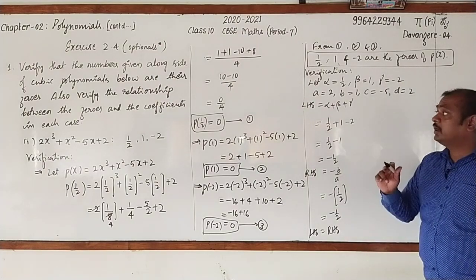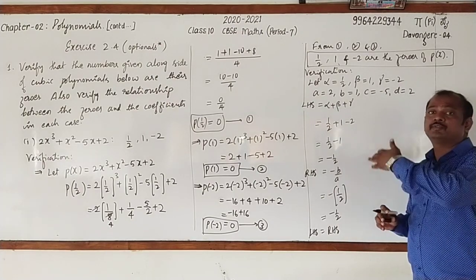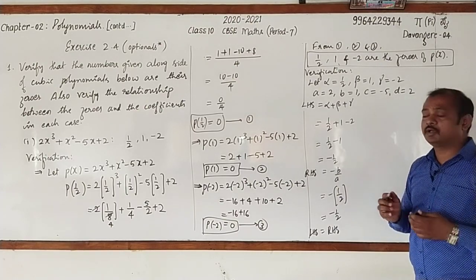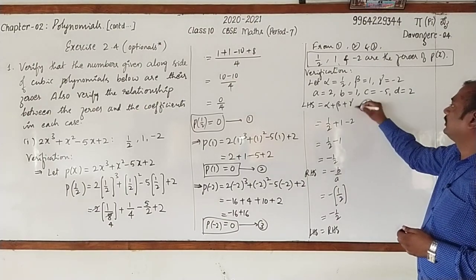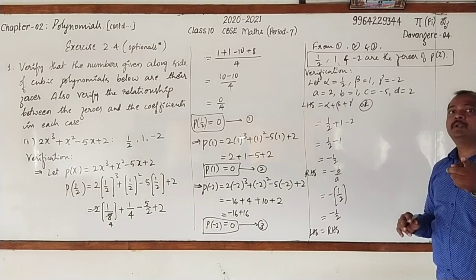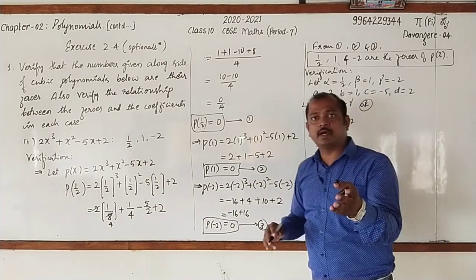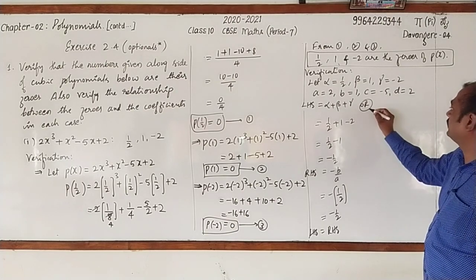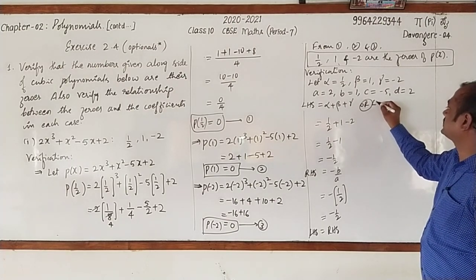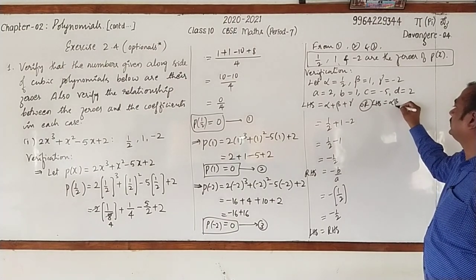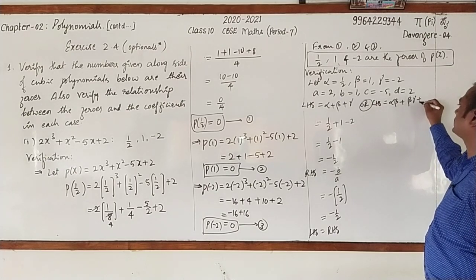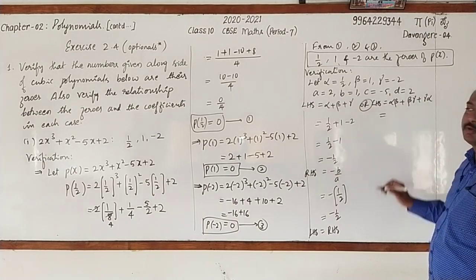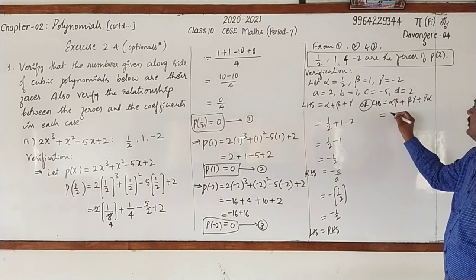Right? And even I told you, any one of these three can be verified. Then what are the other two? We know that alpha beta plus beta gamma plus gamma alpha is equal to c by a. Let us verify that also. Here I will take LHS is alpha beta plus beta gamma plus gamma alpha. This is equal to, what is alpha? 1 by 2.